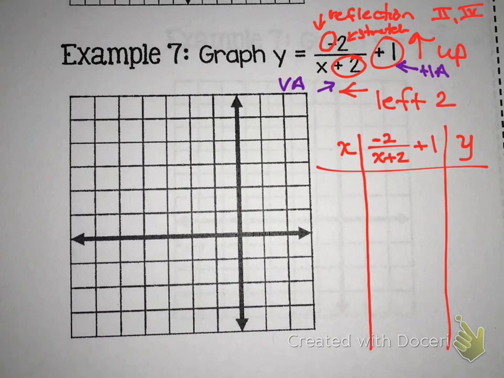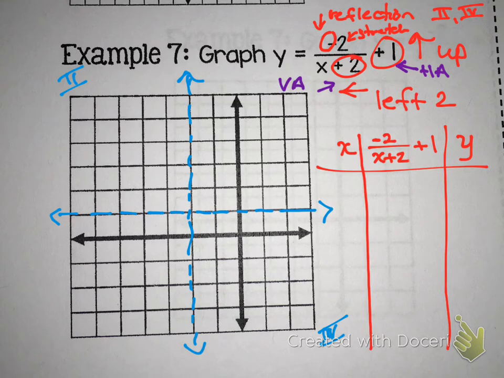So when we were graphing these before, your horizontal asymptote is going to go here where y is equal to 1, and your vertical asymptote is going to be at x = -2. And we're going to be in the second quadrant and in the fourth quadrant.